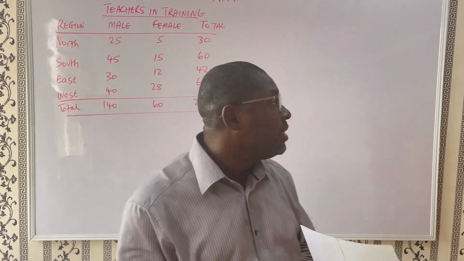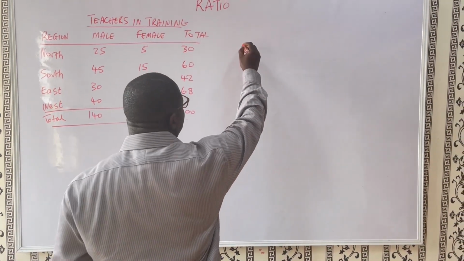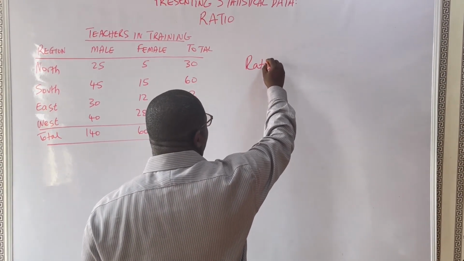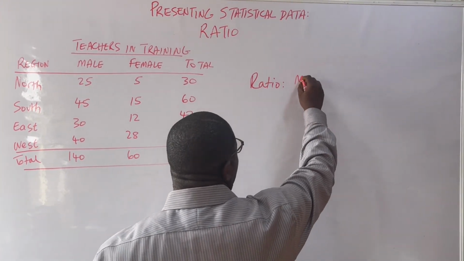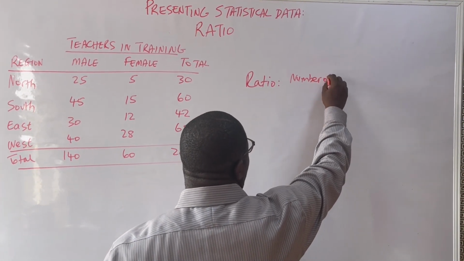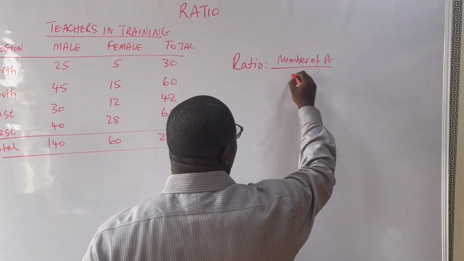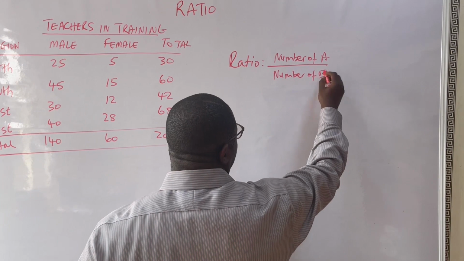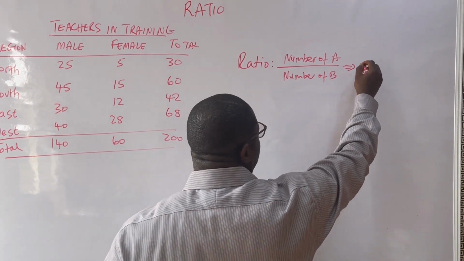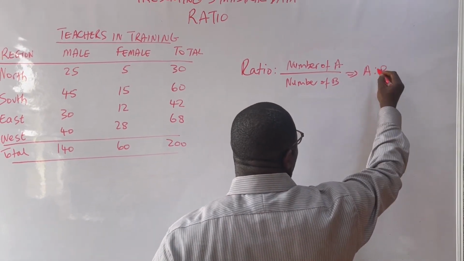It's presented as the number of A over the number of B, and it's also given as A ratio B.